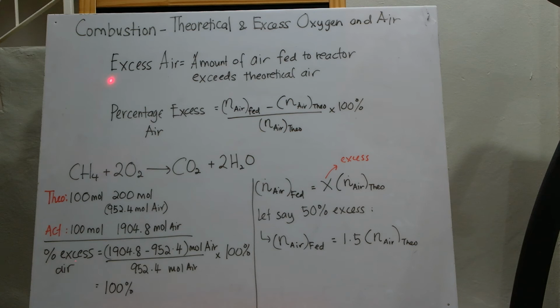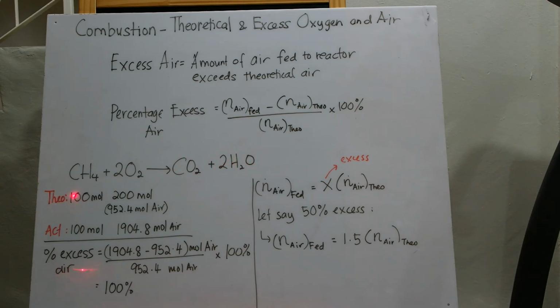Let me give you an example of how we use excess air. This is the same example as just now, where we found the theoretical air. We have CH4 oxidized producing CO2 and H2O.